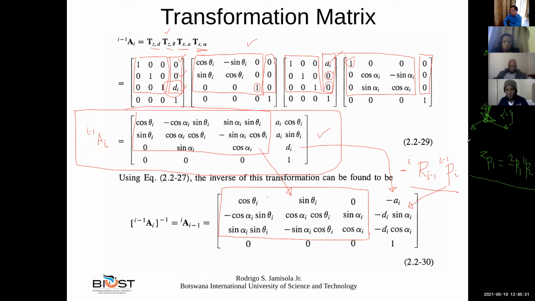Finish. That's how you express the inverse: the negative sign multiplied by the inverse of this rotation matrix, or the transpose of that rotation, multiplied by this vector. Okay, so much for that.